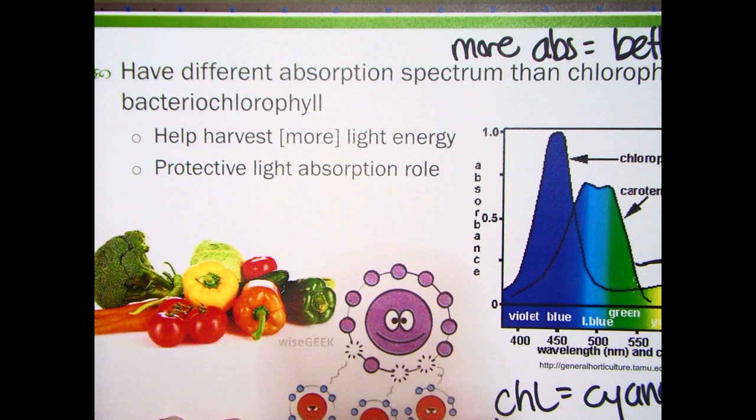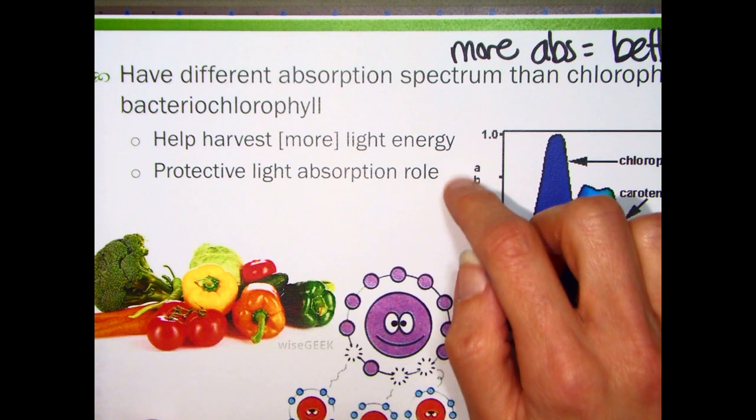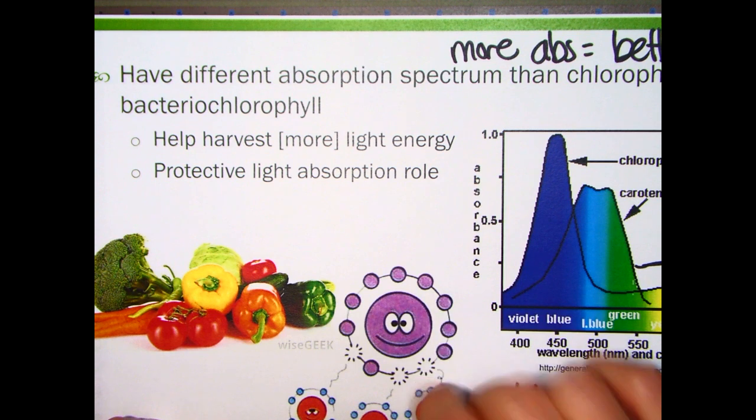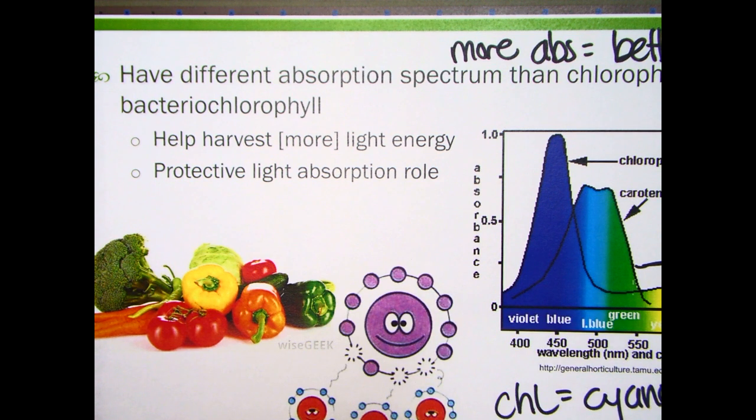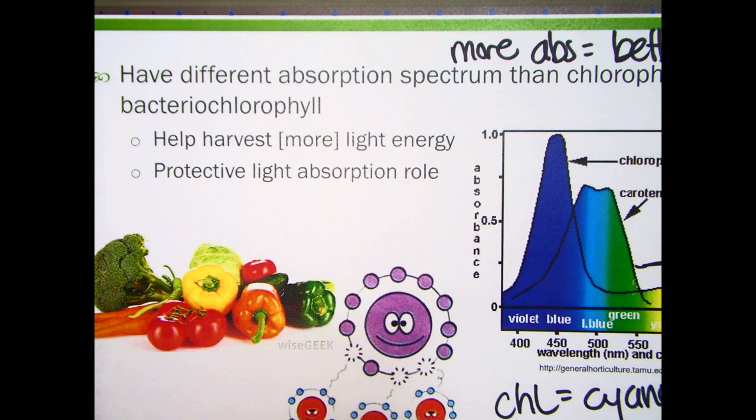This is a picture of my antioxidant from the superoxide dismutase set of slides, because by having this protective light absorption role, accessory pigments will function as antioxidants, and they're giant molecules that have a lot of electrons that are shared among the molecule, and it's that ability that lets them absorb light energy and buffer against electron loss.